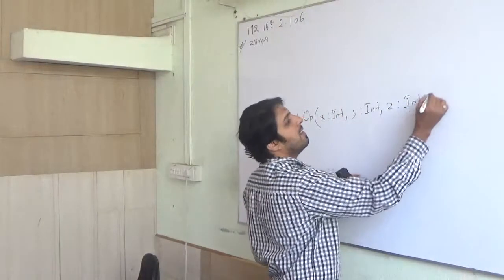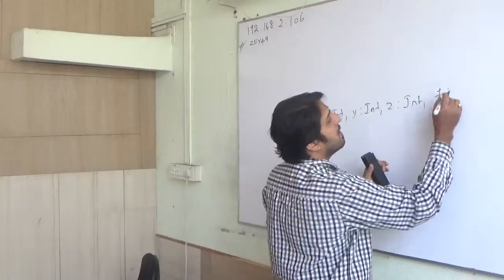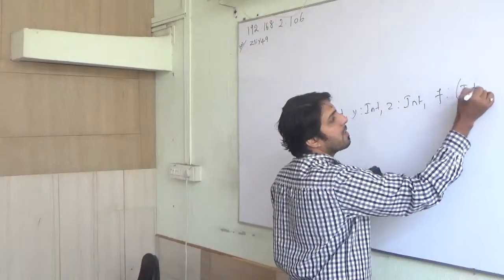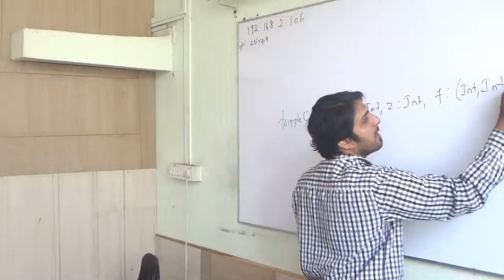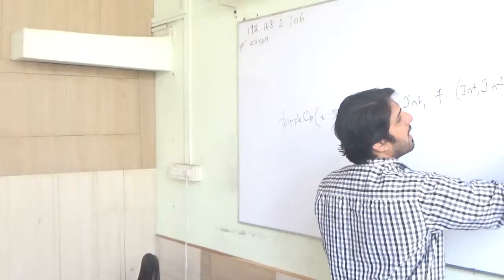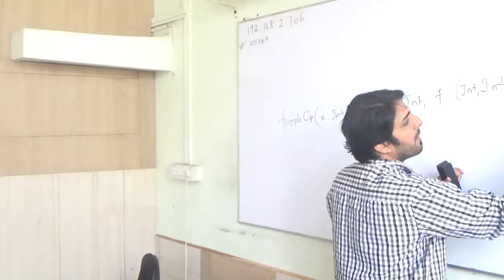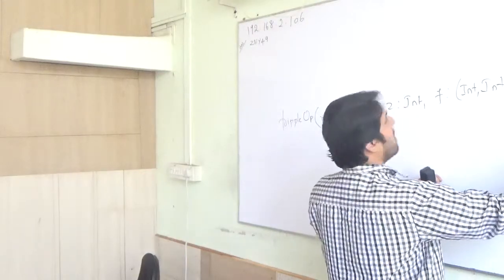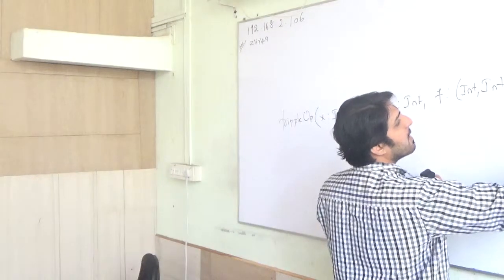Then we have f is a function which takes int, comma, int, comma, int, then returns int, right? And the definition is f of x, comma, y, comma, z.